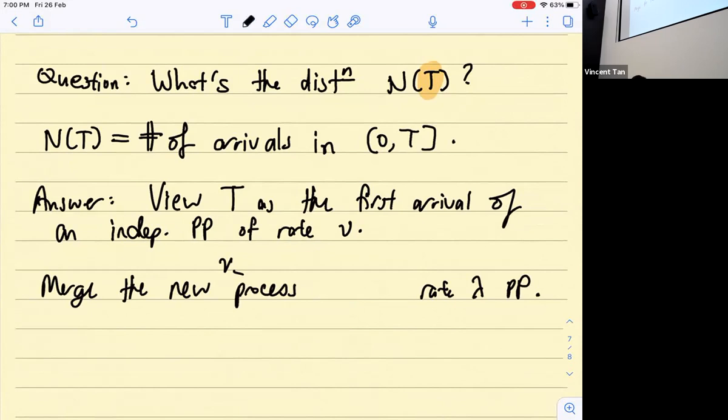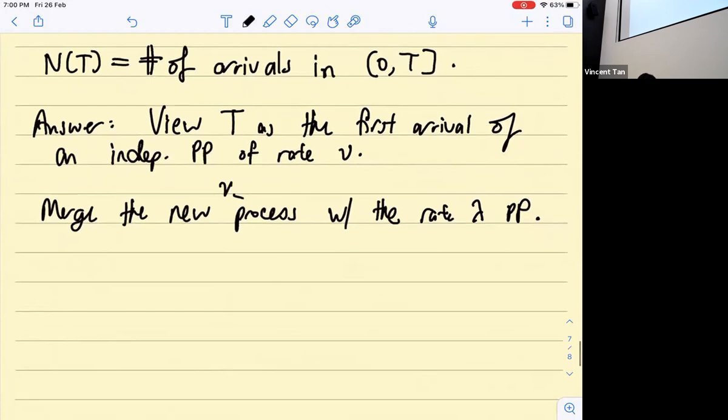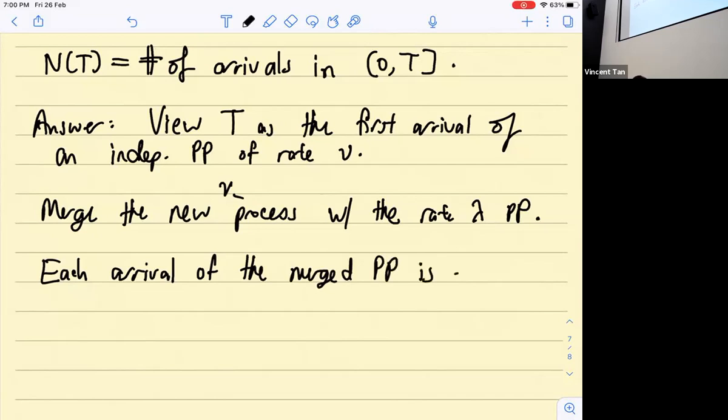In particular, each arrival of the merged Poisson process is the original one with probability lambda over lambda plus nu, correct?